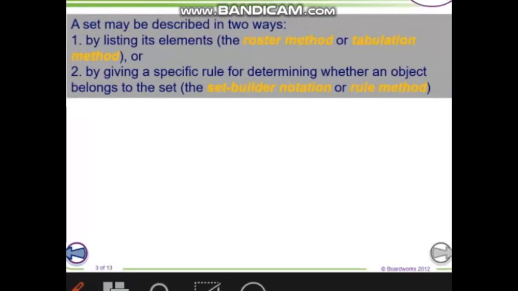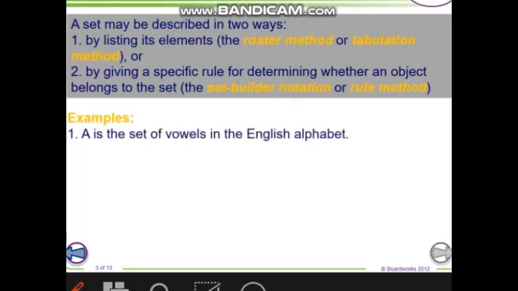Okay, now let's have examples. The first one is A is the set of vowels in the English alphabet. Now we will try to use the two methods to describe this. The first one is the roster method. So the roster method is just listing the elements.